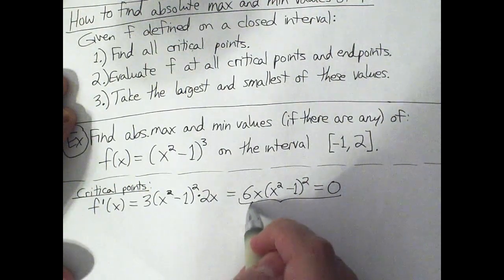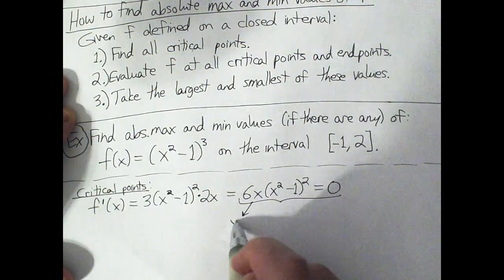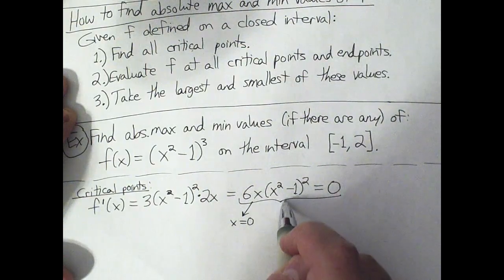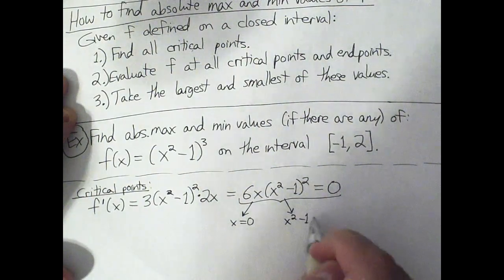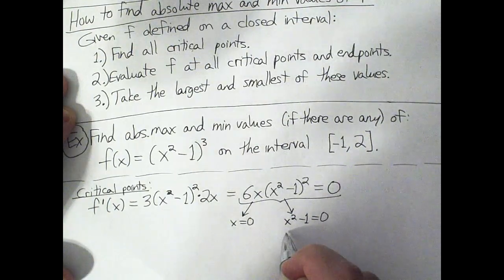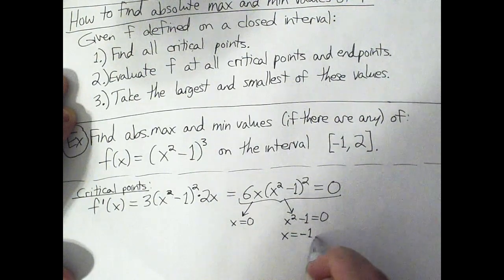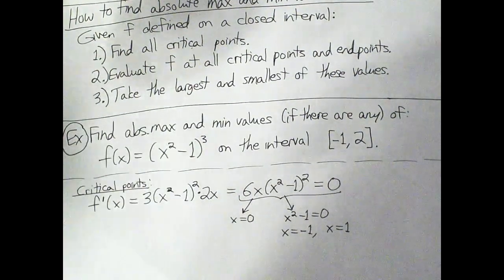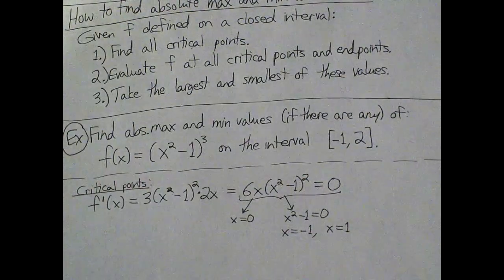Well, 6x equals 0 gives x equals 0. And then what about this? x squared minus 1 equals 0. This suggests that x equals -1 or x equals +1. So we found a few different x values here. I'm going to circle some of them, but not all of them.